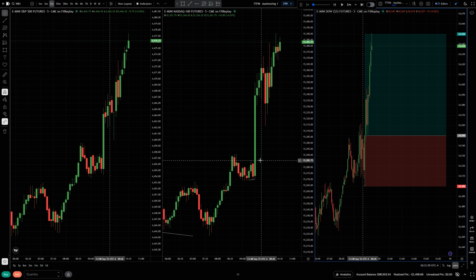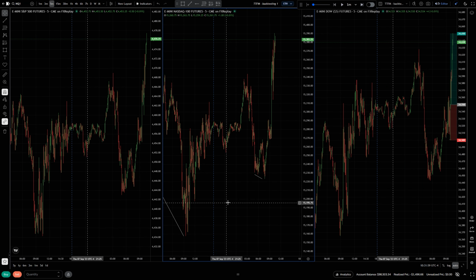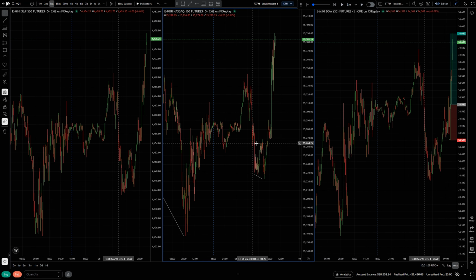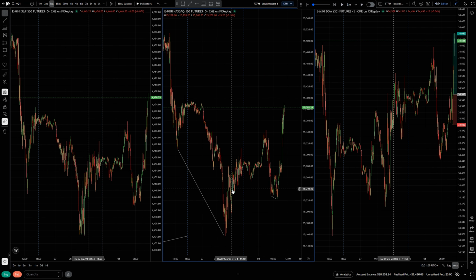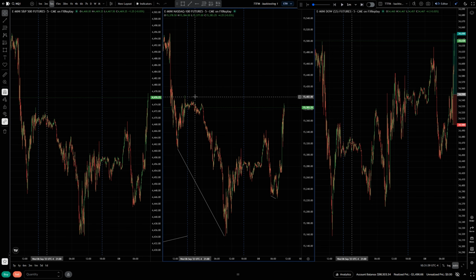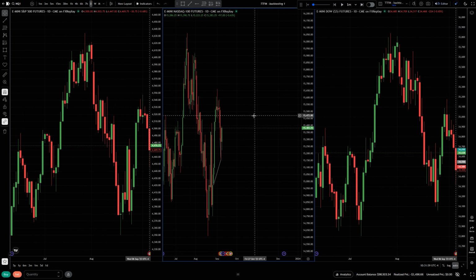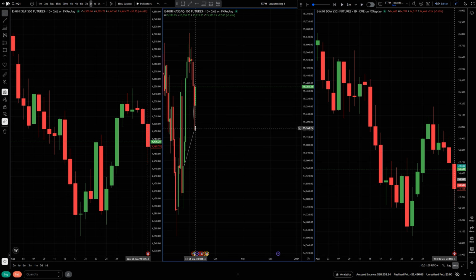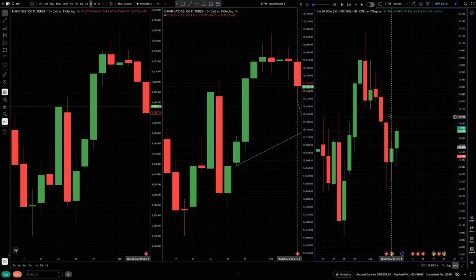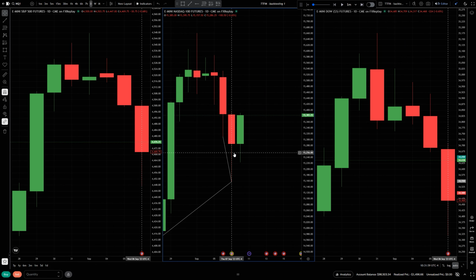Again, overall NQ for the time being before 9:30 was the lagging asset to this high right here, where if we look on the daily chart, we can see that the previous day, so September 7th, was a bullish day, closed a bullish day on YM, and it closed bearish on NQ.